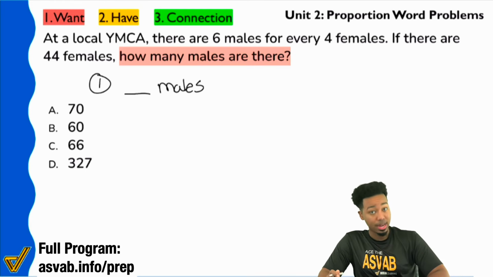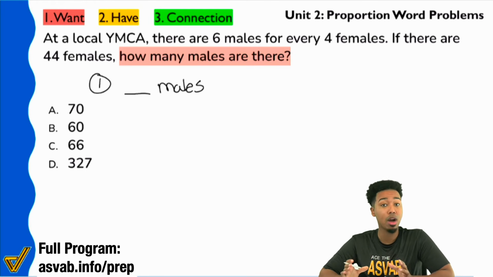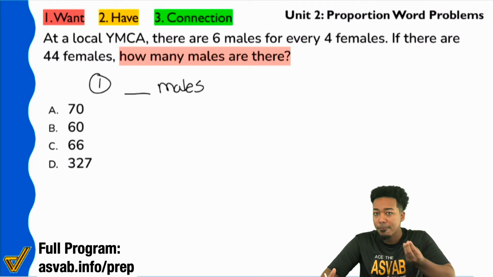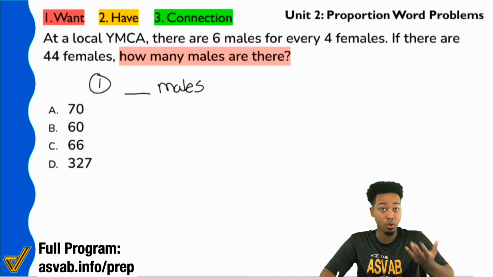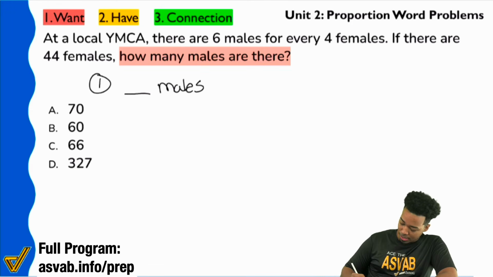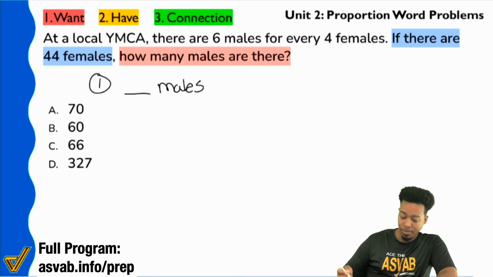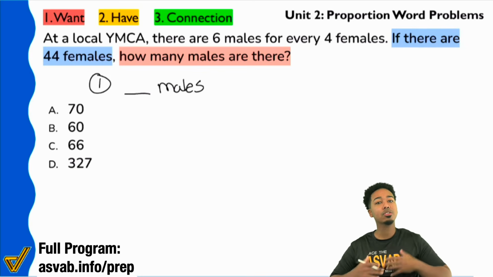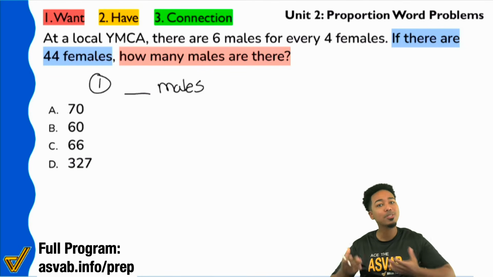And it's good practice. Whenever you see a problem that includes the word if in the question sentence, you want to write that information and connect it to the question. So for example, if I see right here that it says if there are 44 females, how many males? That means that the question is establishing a connection between males and females.